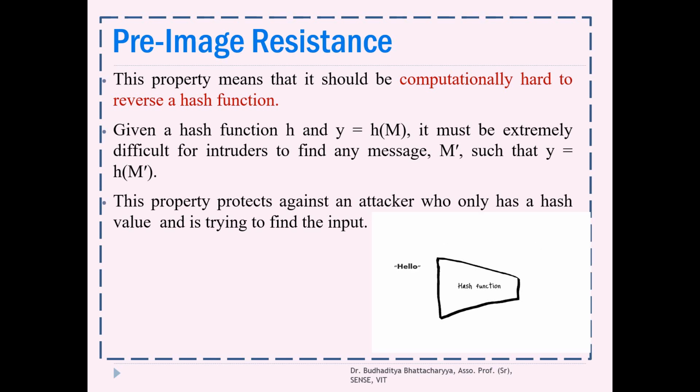What this means, as you can see in the writing, is that it should be computationally hard to reverse a hash function. Which means that given a hash function h and y equals h(m), it must be extremely difficult for the intruders to find another message m prime such that y equals h(m prime).